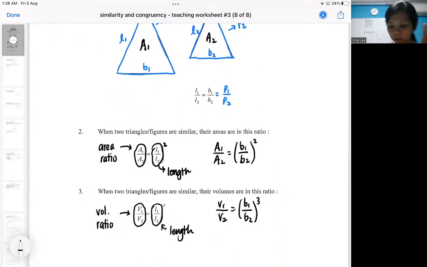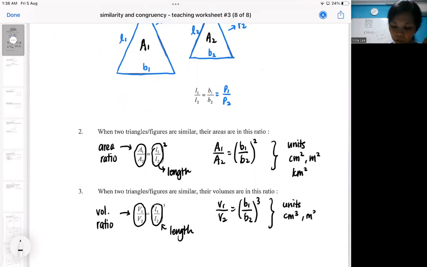How do you remember it? You can remember it by the units. The units of area are usually centimeter square, meter square, or kilometer square. For volume, the units are usually centimeter cube, meter cube, kilometer cube. So you can use your units to help you.